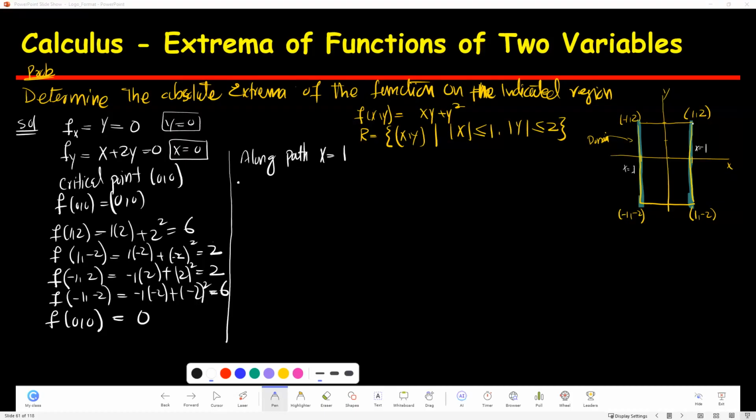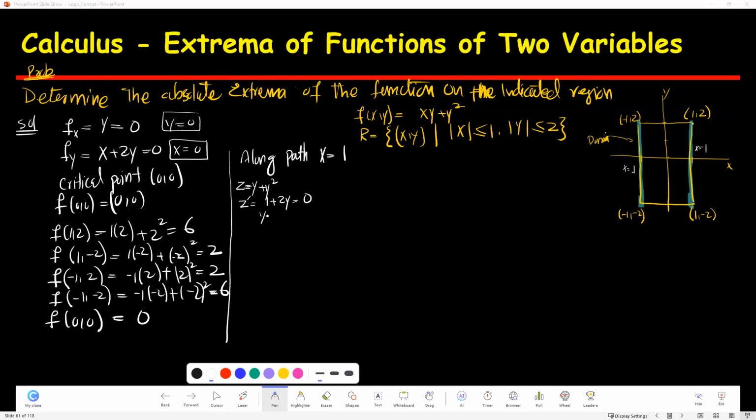I'm going to say z equals my function, y plus y squared, because the x value is 1. If I substitute the x value 1 into the function, my function is y plus y squared. I'm going to take the derivative of z with respect to y. So it's going to be 1 plus 2y equal to 0.